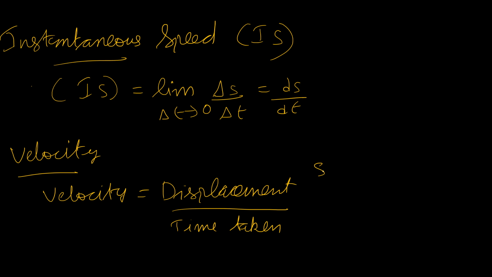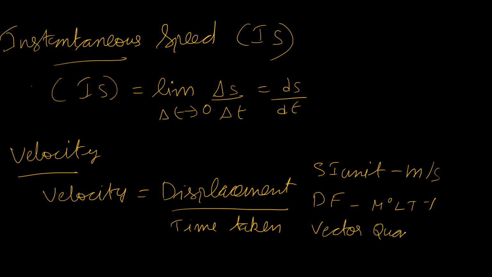Its SI unit is meter per second. Dimensional formula is same as speed, that is M raised to 0 L T raised to minus 1. It is a vector quantity. It has both magnitude and direction.